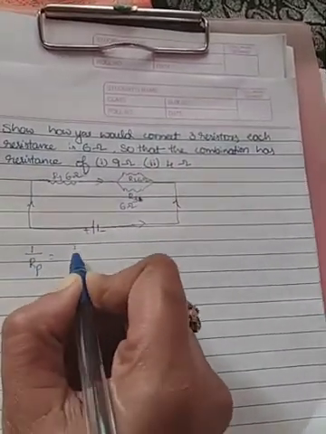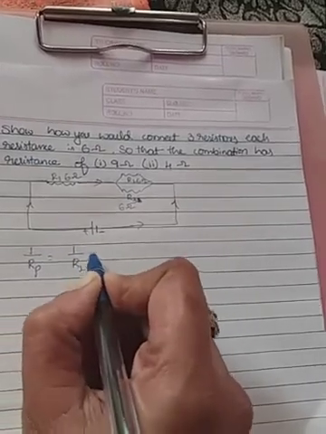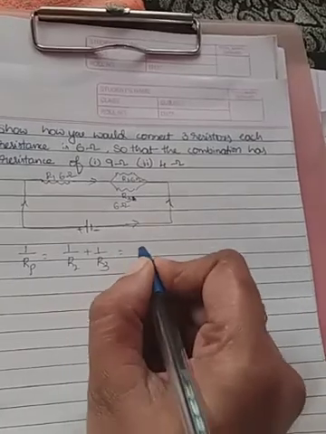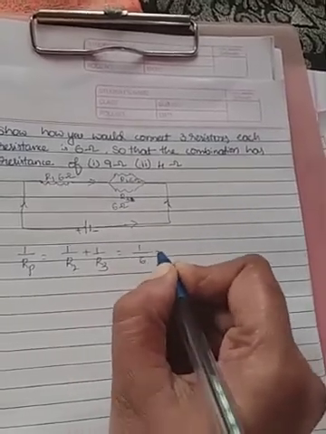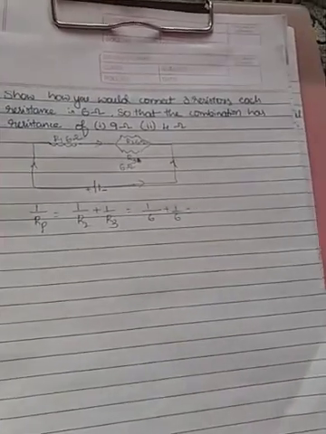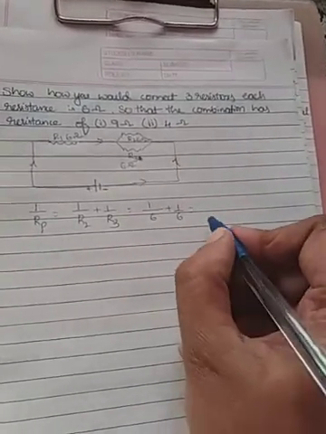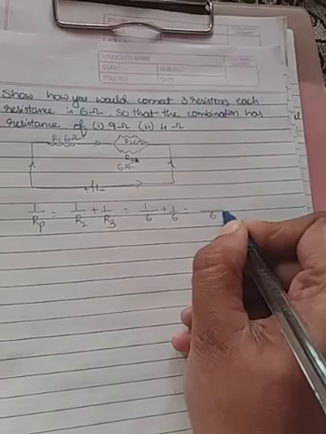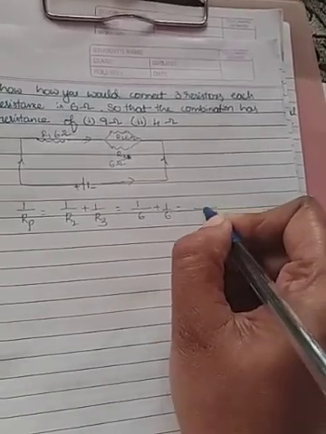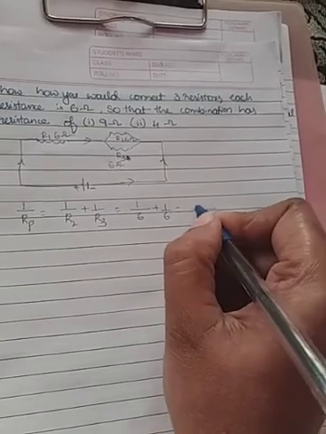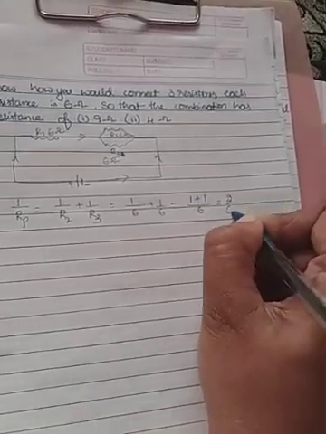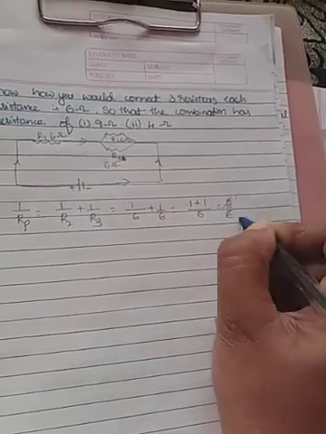1 by Rp equals 1 by R2 plus 1 by R3, right? These two are connected in parallel. So if you take 1 by 6 plus 1 by 6, because R2 is 6, even R3 is 6, the LCM for 6 and 6 is 6 itself. So 6 ones are 6, 6 ones are 6, 1 plus 1 is 2, 2 divided by 6, 2 ones are 2, 2 threes are 6.